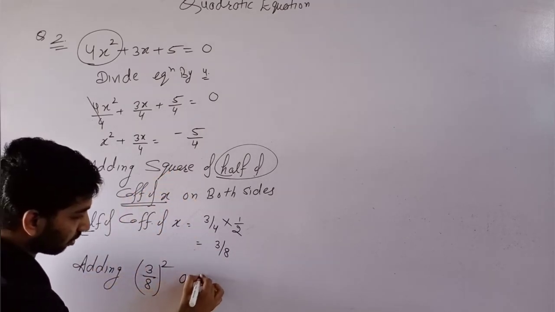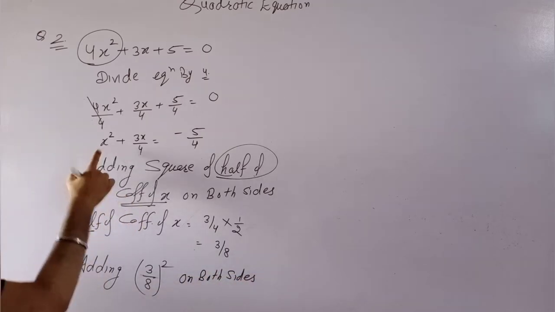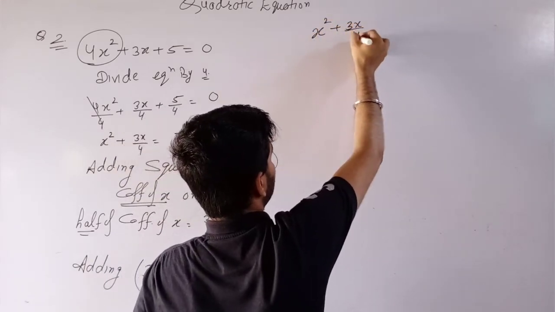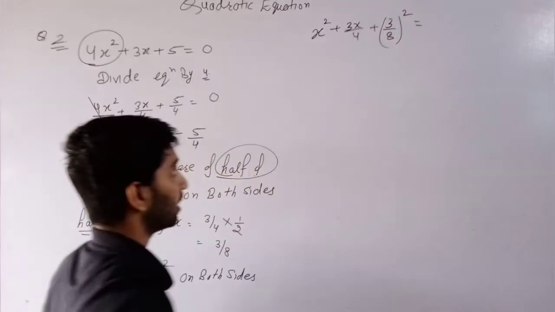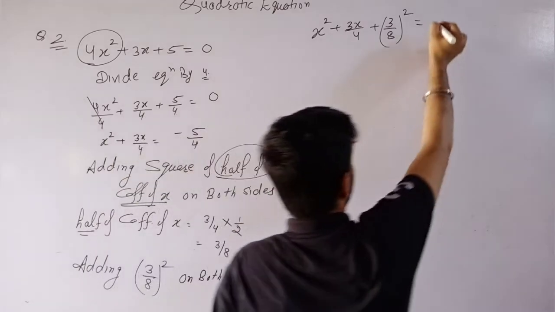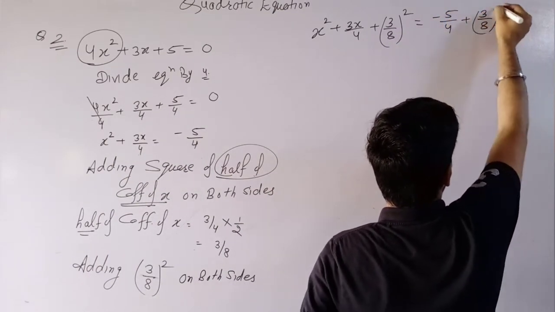Adding on both sides we will get x square plus 3x by 4 plus 3 by 8 square. In the right hand side, minus 5 by 4 plus 3 by 8 square.